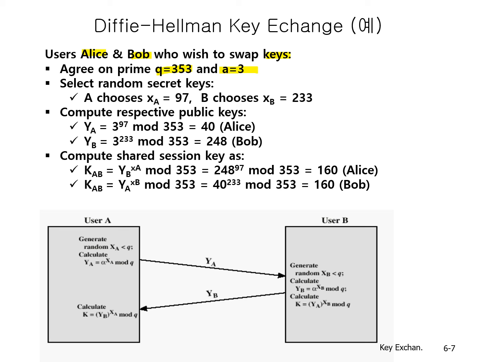Then A selects private value XA 97, B selects private value XB 233. Each computes its public key, YA resulting in 40, and YB.